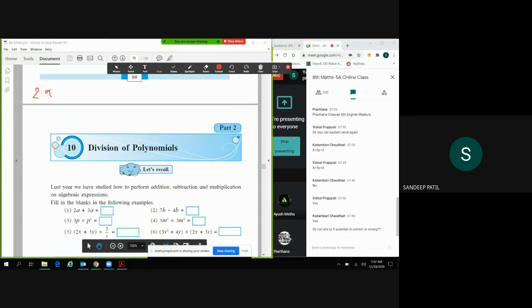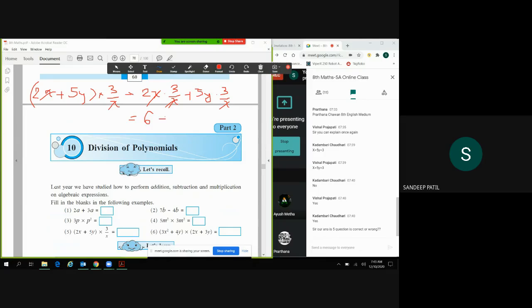So we can see 2x plus 5y into 3 by x, right? So if we multiply one by one, 2x into 3 divided by x plus 5y into 3 by x, right? So x gets cancelled here. So 6 plus 15y by x. So yeah, that's the answer here.